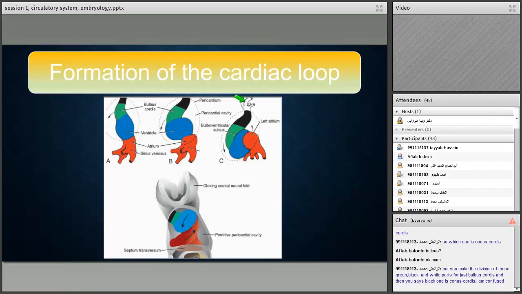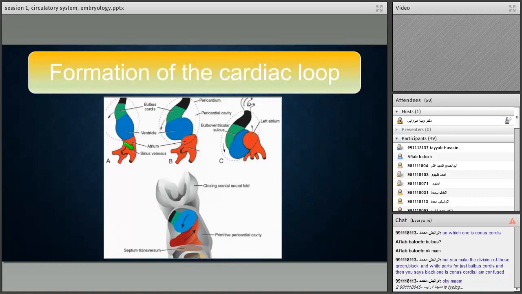Listen, I will explain one more time, okay? We have the atrial side in red. Just listen. We have a part in red which is the atrium portion and the sinus venosus.